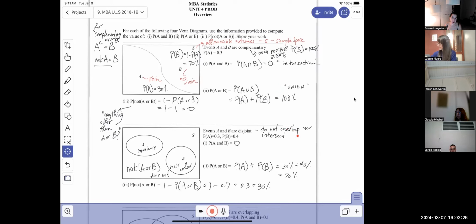The disjoint part is they do not overlap nor intersect. So it's a weaker requirement than complementary. Complementary forces it to be the only two events. So complementary events are considered disjoint, but they're more than disjoint. They're also complementary. Because they don't intersect, we'll say complementary events are disjoint, but not the other way around.